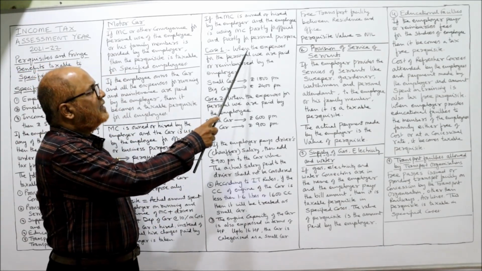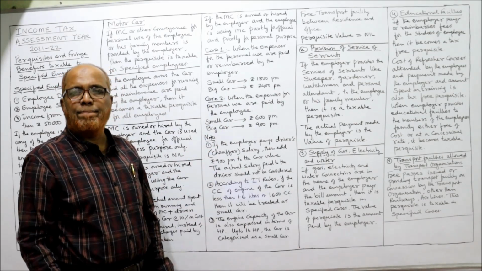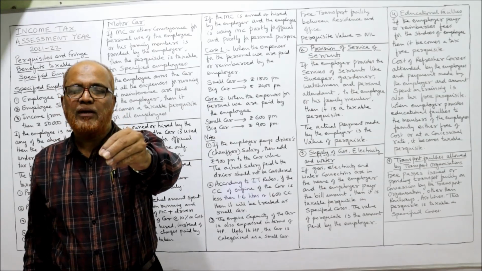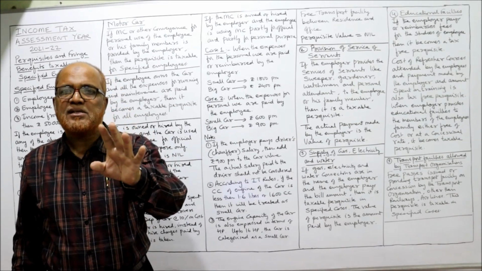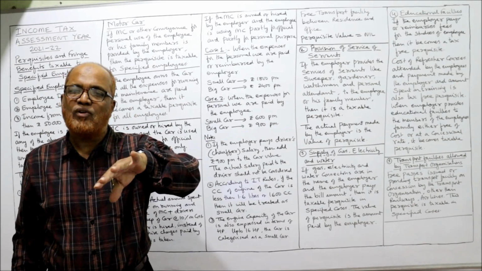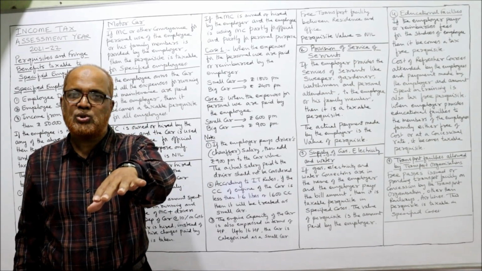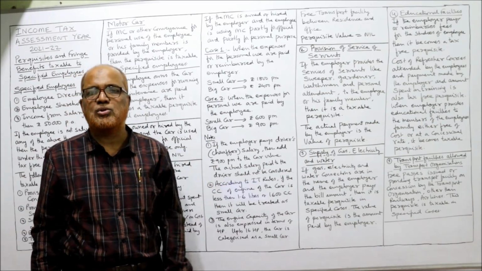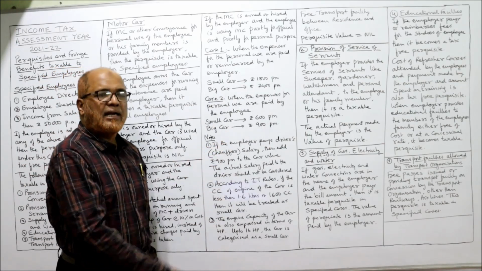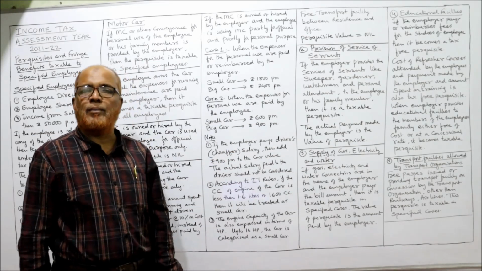Case 1. When the expenses for personal use are paid or reimbursed by the employer. Suppose the motor car is given by the employer to the employee and all expenses are paid by the employer. The motor car is used partly for personal use and partly for official use. In that case, the value of the perquisite is small car 1800 per month, big car 2400 per month.